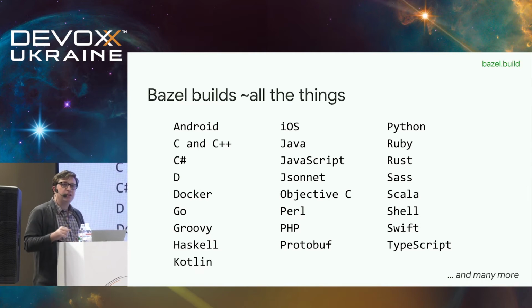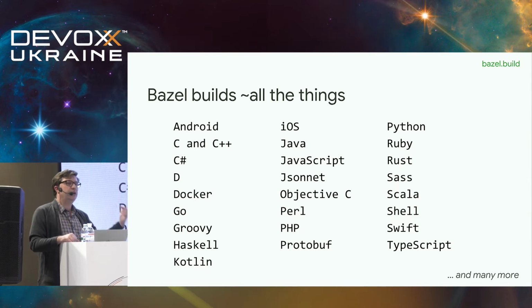And the Bazel community has contributed dozens of languages. If there's something you would like to build and you don't see it here, you can use the Starlark language. It's pretty easy to pick up, looks just like Python. It's actually a stripped-down subset of Python, but it's not Turing complete, so you can't create infinite loops. And you can build out your favorite language.